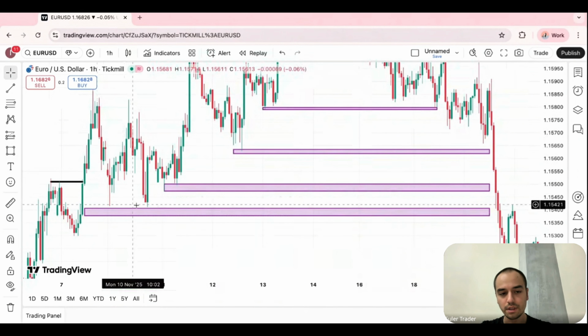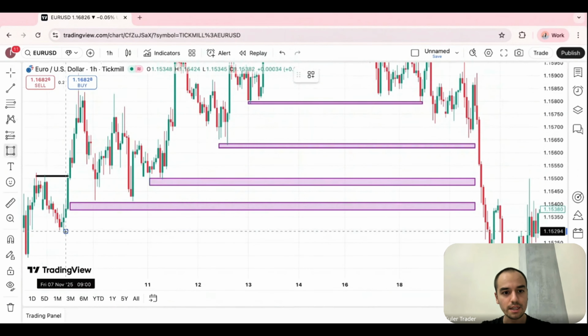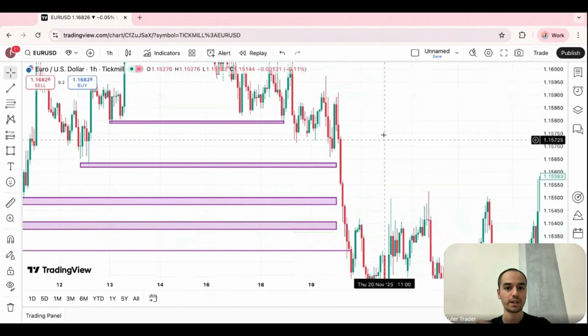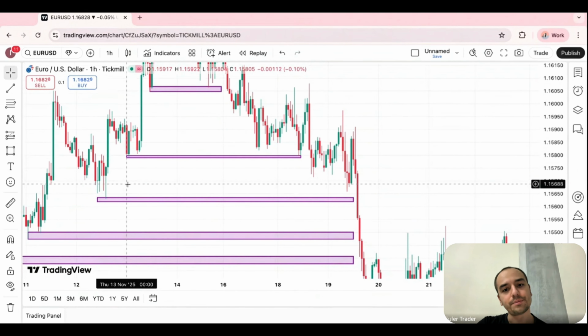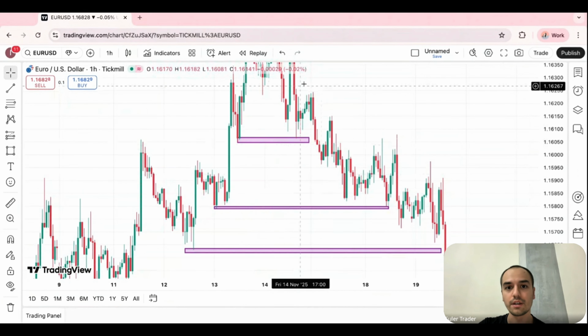These equal lows. So these are the key lows where we can expect the price to move in the opposite direction.